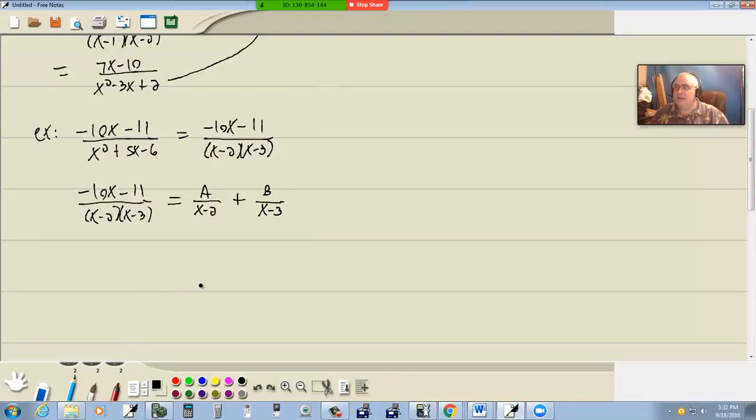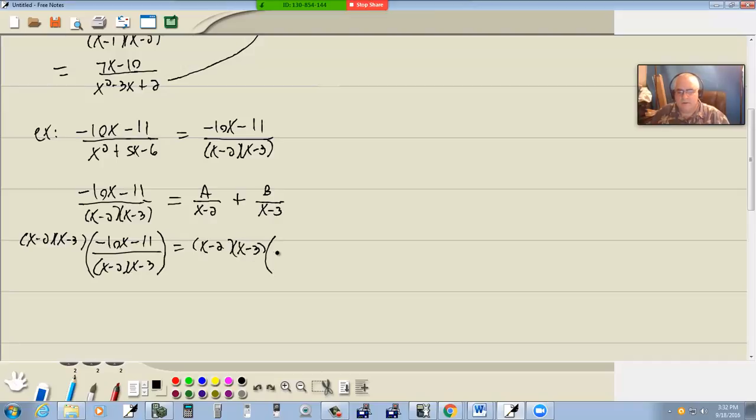Now this is a rational equation. So I'm going to multiply everything by the LCM of all your denominators. So we're going to multiply everything by x minus 2, x minus 3. Same thing over here. Multiply times each fraction.